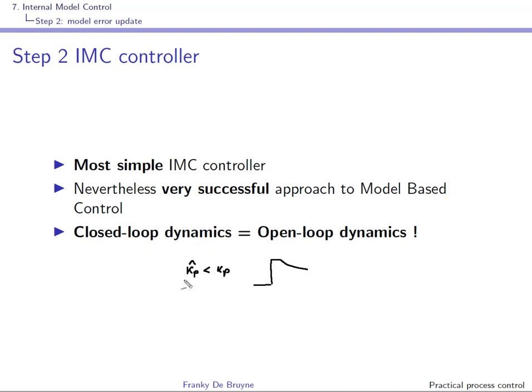But this is not something that you would like to do, right? You have to do as if the model is slow to boost MV, right? So what we'll do is use a step 3 IMC controller. In this step 3 IMC controller, you'll be able to boost the response, to accelerate the response, and you'll be able to use the correct model gain.